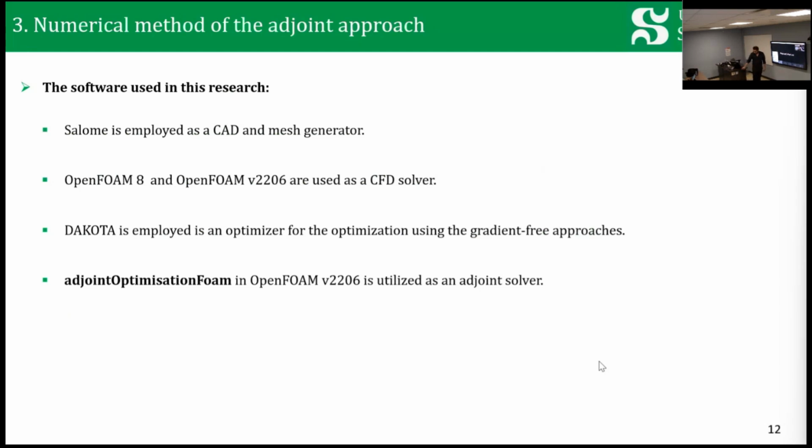Salome, which is open source software, is used as a CAD and mesh generator. Two different versions of OpenFOAM, OpenFOAM 8 and v2006, are used as CFD solvers. Dakota is employed as an optimizer in the gradient-free approach optimization only. And adjointOptimisationFoam in OpenFOAM v2006 is used as the adjoint solver.